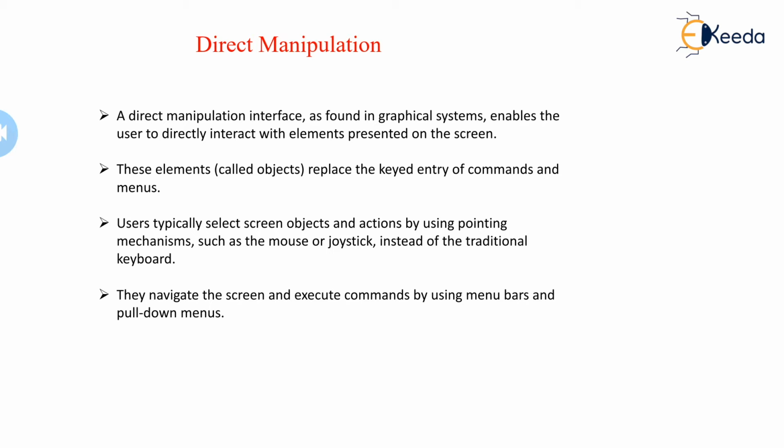You press a shortcut key, and you should know how to use the shortcut keys. With the help of the keyboard, you had to manipulate or work on your system. Later it was replaced with the GUI by clicking or pointing mechanism. So direct manipulation is how you interface or interact with the object elements on your screen.